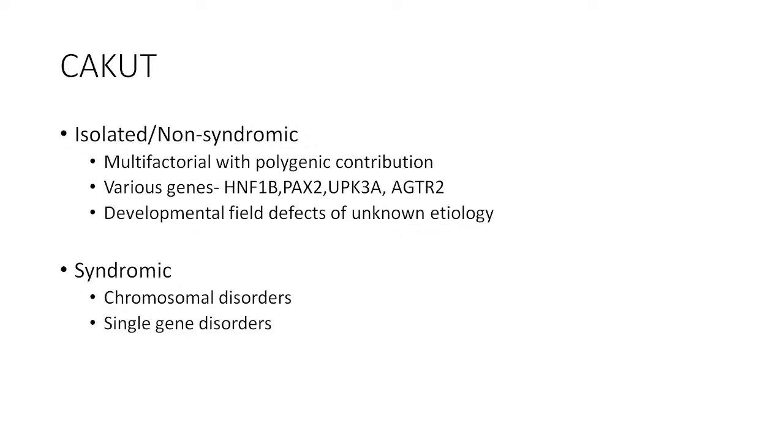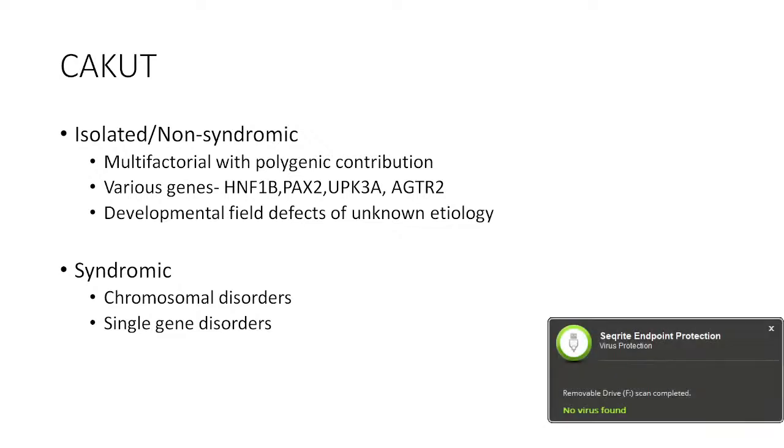The developmental field defects are of unknown etiology, meaning the complete field of the earlier cloacal part, which is separated into the urogenital system and the lower part of the developing intestine of the colonic area, is also unknown in etiology.